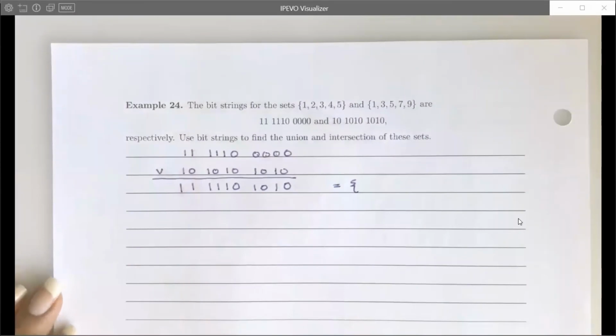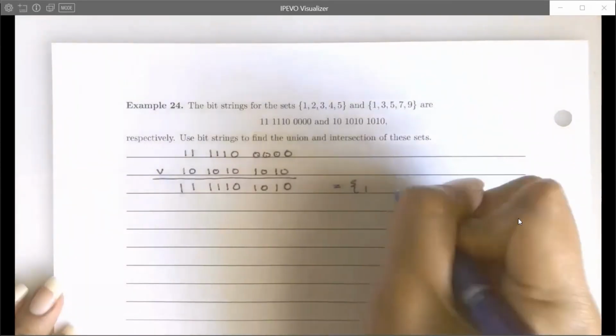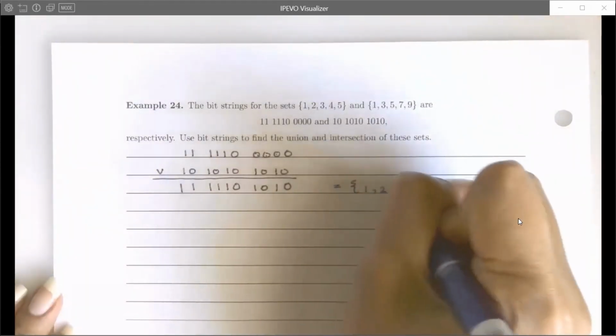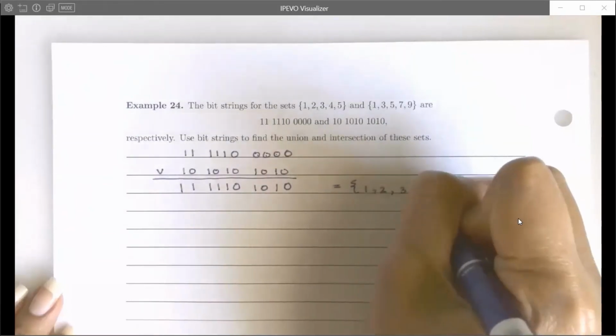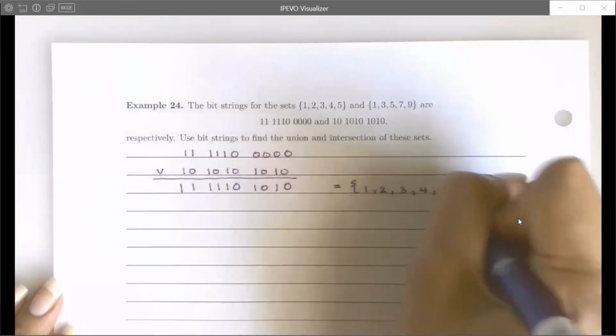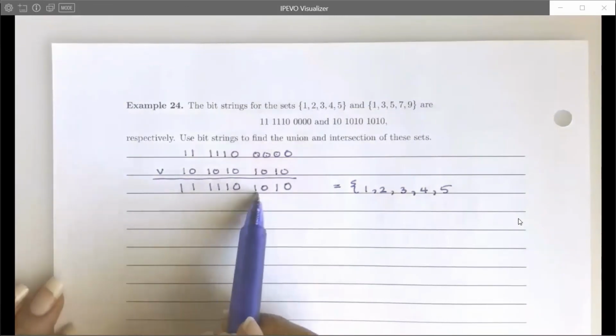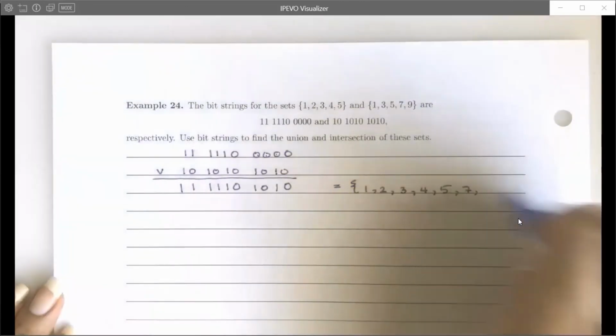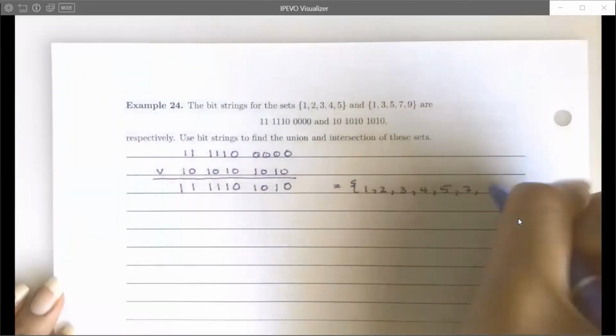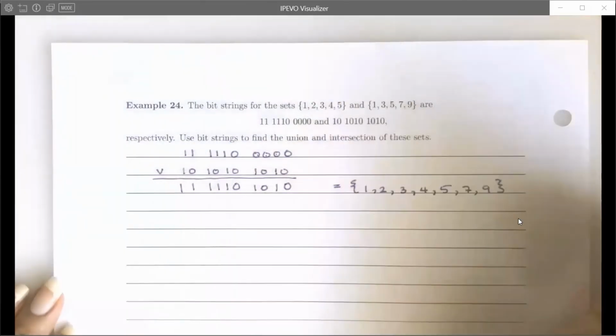So what set does this return to us? This is representing the set with elements 1, 2, 3, 4, 5, right? That's these first 5. Then not 6, but yes 7, no 8, yes 9, and no on 10.